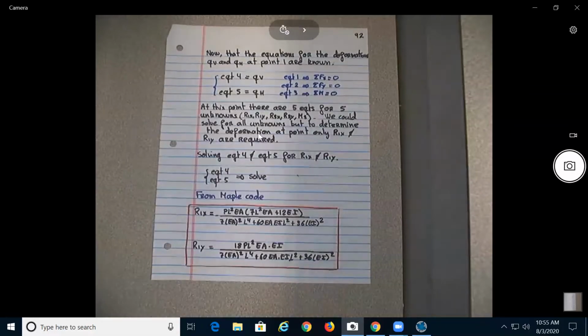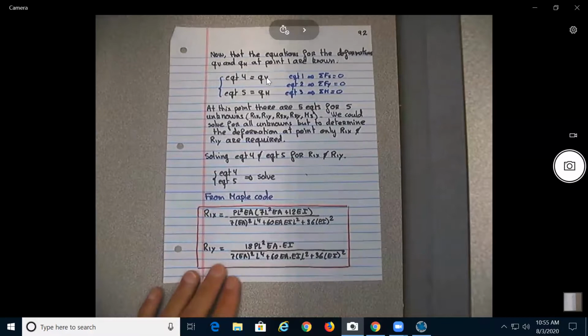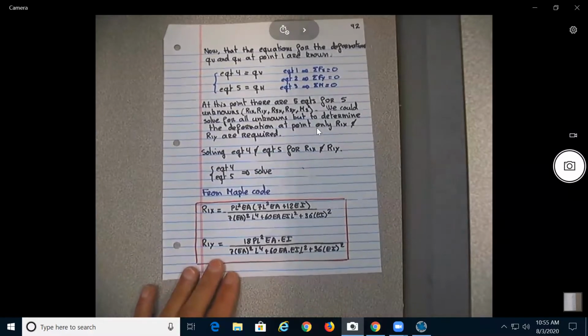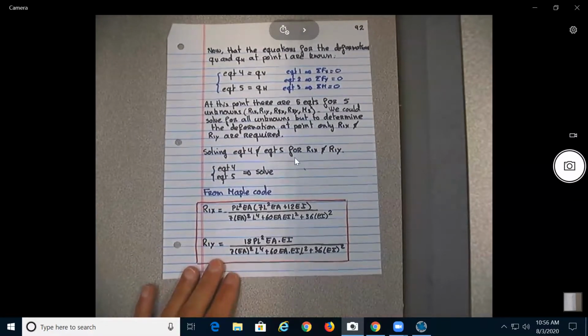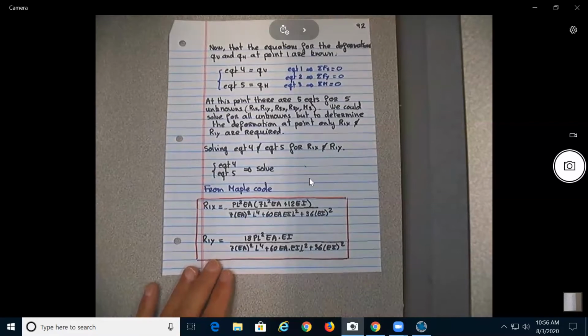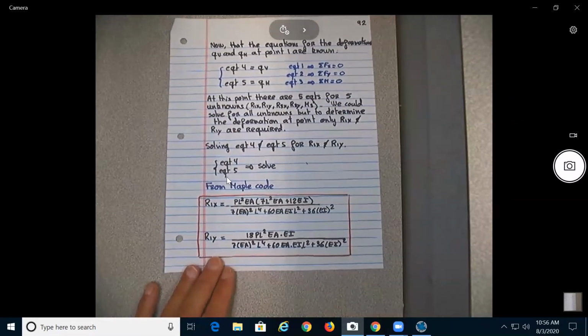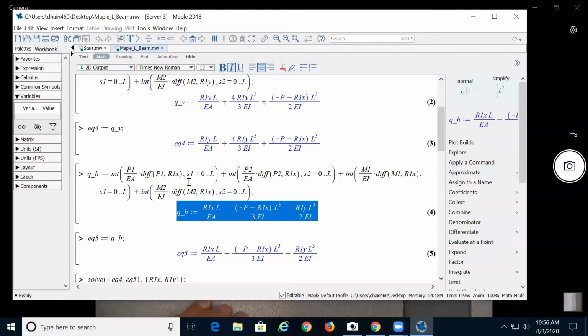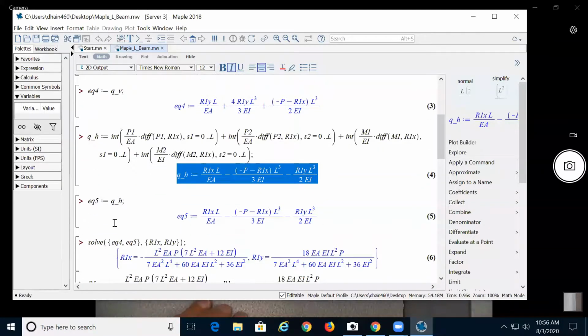So basically what happened here is that at this point we have 5 equations, 5 unknowns, but we only need to solve for R1x and R1y. So we only need these 2 equations, okay? So once we solve, you get this complicated equation. That's why we use Maple. And this is done over here. See equation 4, equation 5.